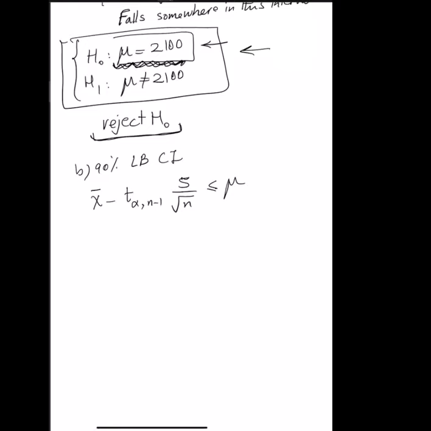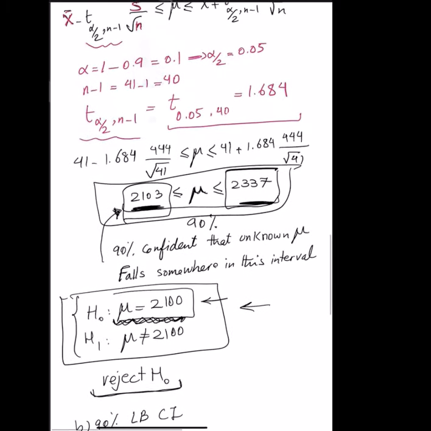And that's 2220 minus t of alpha, n minus 1. That's t of 0.1, alpha is 0.1, right? And n minus 1, what was it? 40.